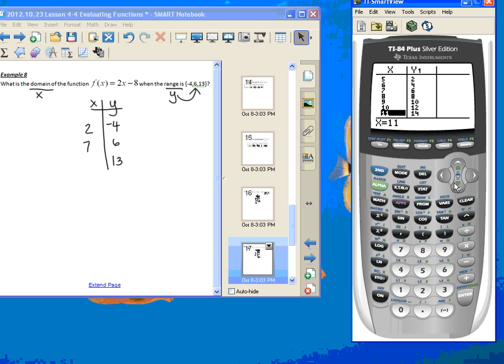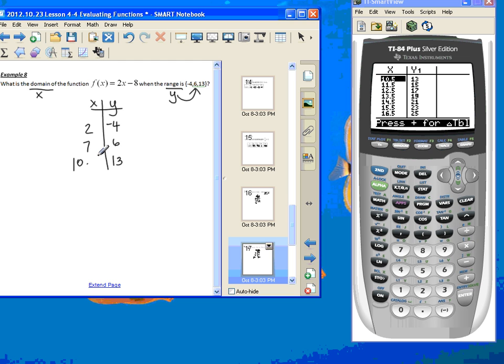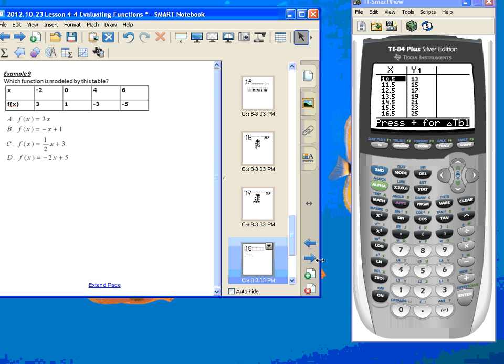Okay, so where would 13 be? Okay, so 13 would be between 12 and 14, which means that our x would be between 10 and 11. But just to double check, I can go to my window. And Anthony, you said you think it would be about 10.5? Okay, and then go back to my table. So when x is 10.5, y is exactly 13. I don't think there's any like that on homework. I think that the rest of them should be whole values, okay?